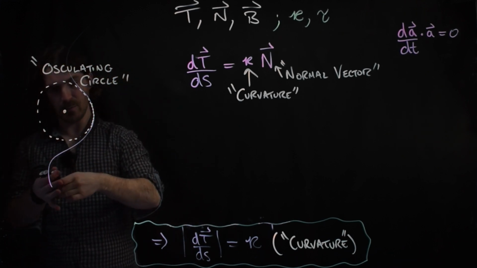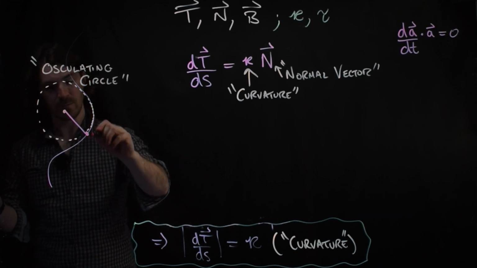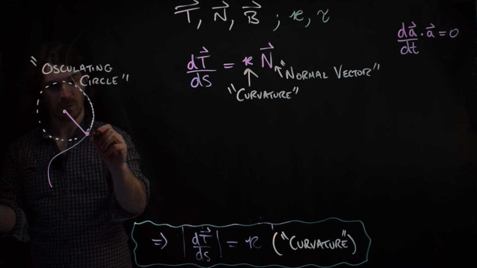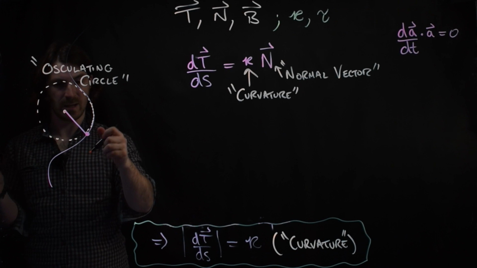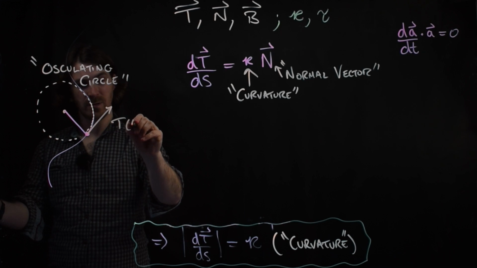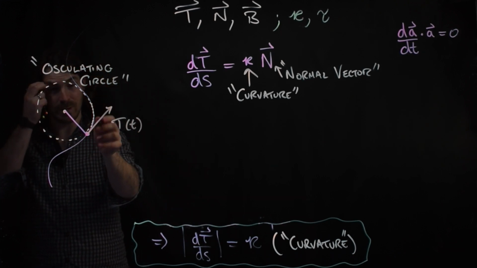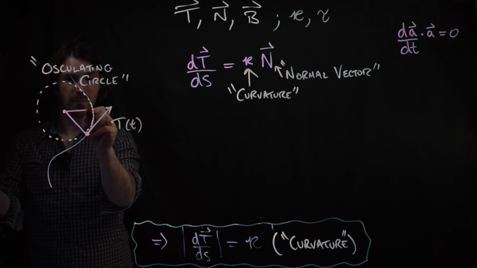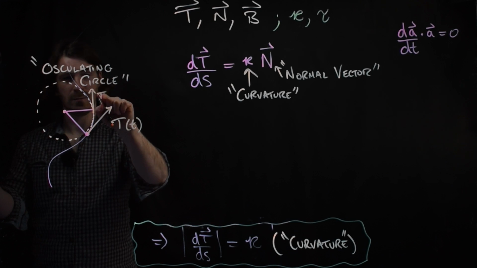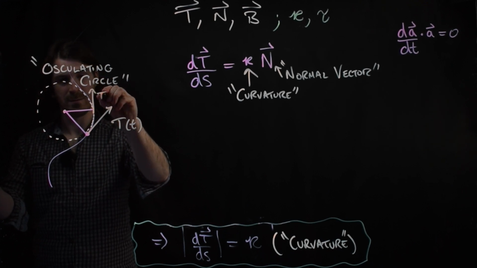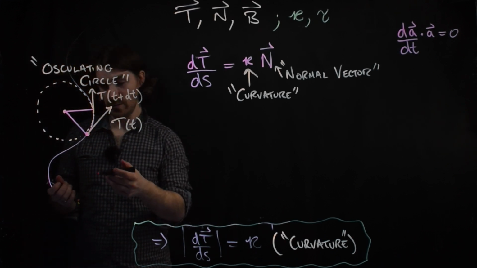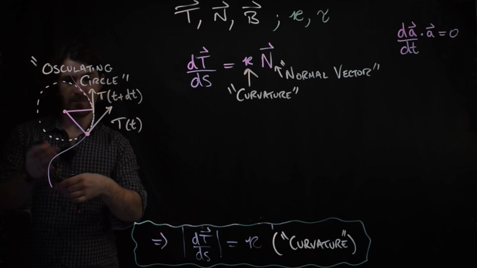And let's think now about two points. One at t, and we'll think about the tangent at this point, T of t. And let's move time on a little bit more, and we get this point, and the tangent here is T of t plus dt. So this is a circle of radius r.